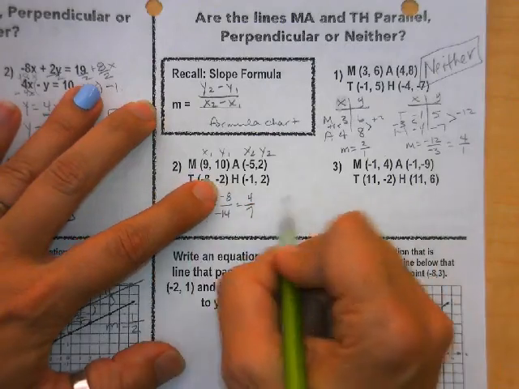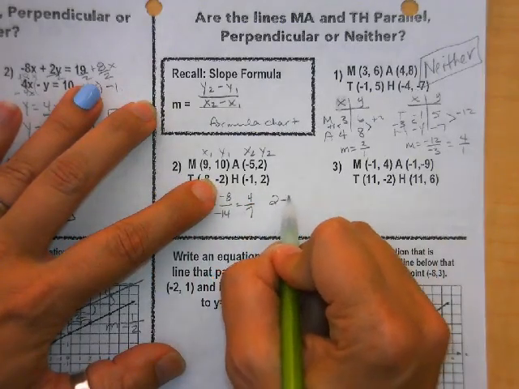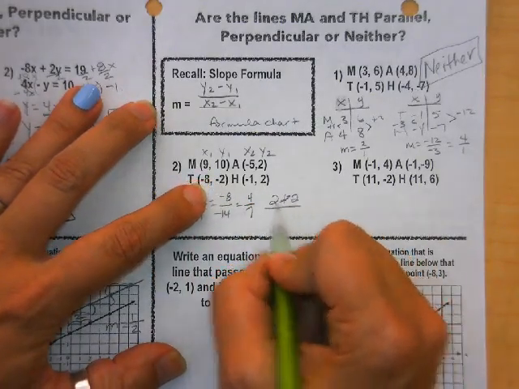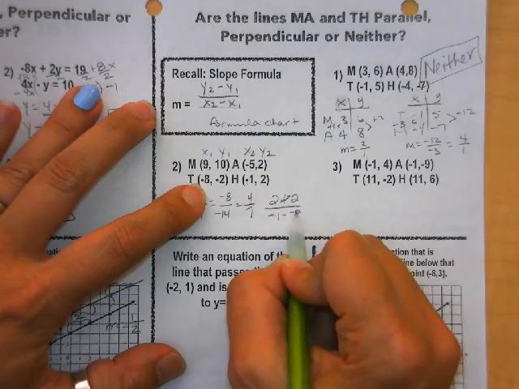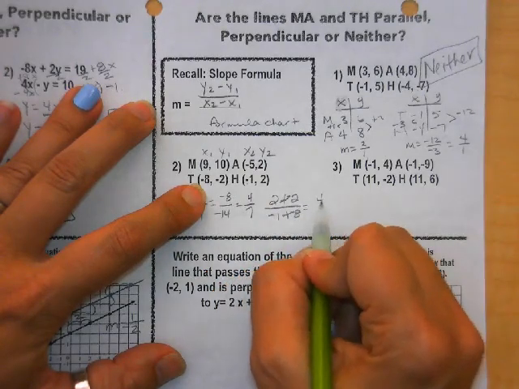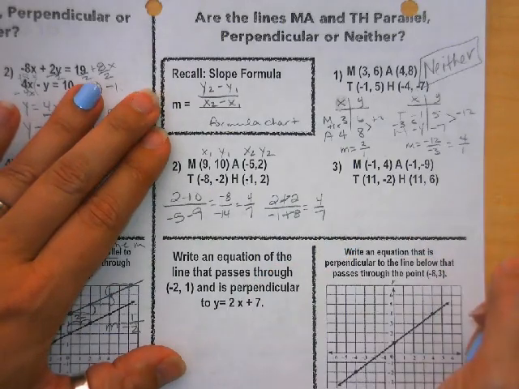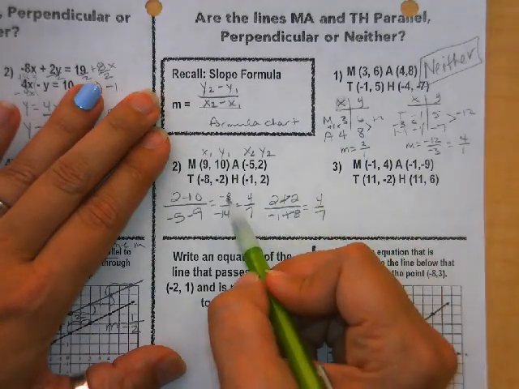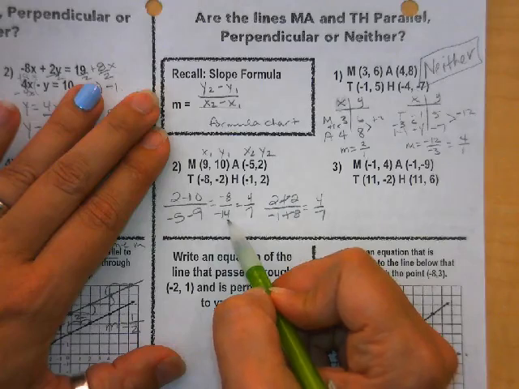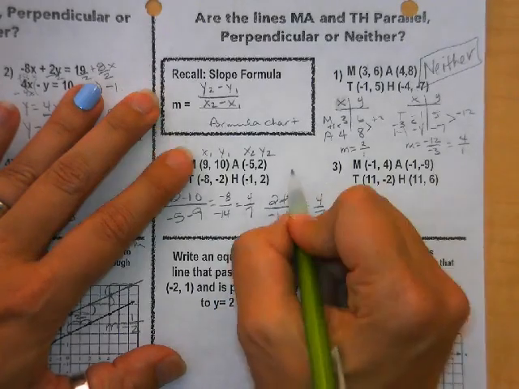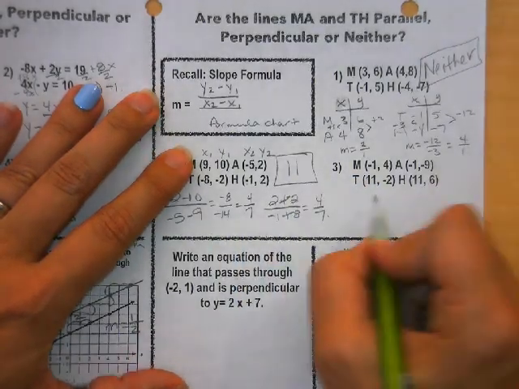Here we can do 2 minus a -2 becomes a positive. -1 minus a -8 is a positive. 4 over 7. This was a negative and a negative, so it became positive. So these are the same, so this is going to be parallel.